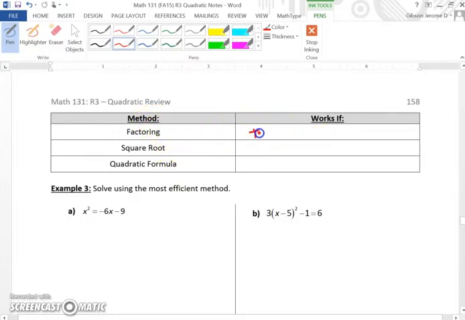It says here, try if A is equal to 1, and then the square root, if we have parentheses squared is equal to a number, or x squared is equal to a number. And then the quadratic formula, we could do that for all quadratics. You could use that for whenever.